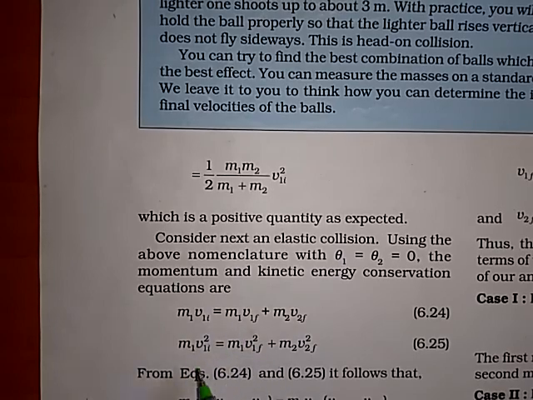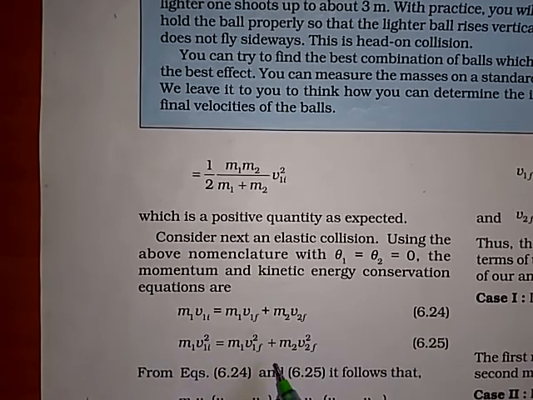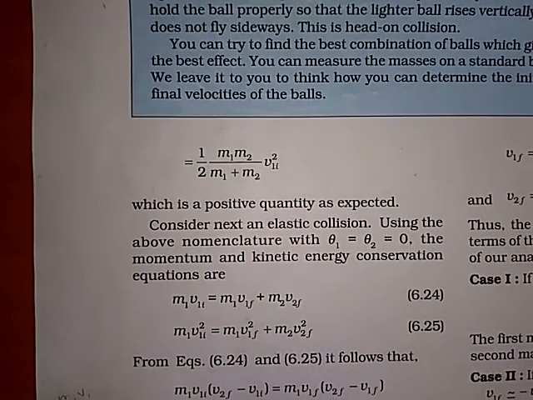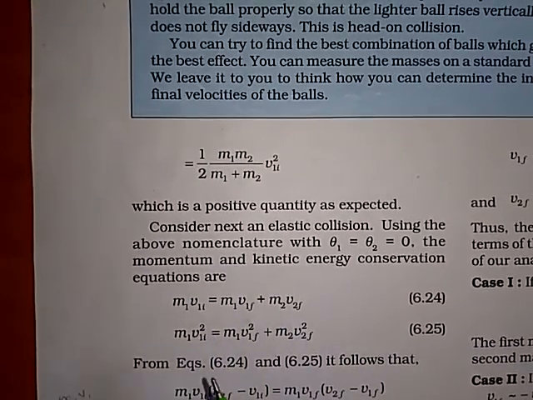Then the kinetic energy equation is half mv squared throughout, but multiplying by 2, those 2 will get cancelled. Therefore, m1 v1I squared is equal to m1 v1F squared plus m2 v2F squared. So this is the kinetic energy equation, and the first equation is the momentum equation.